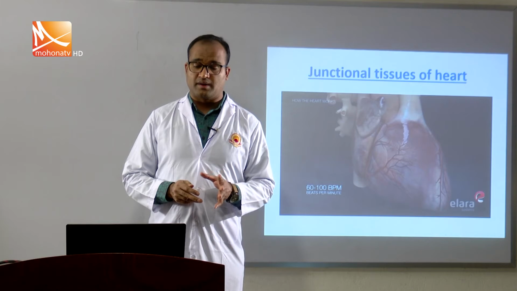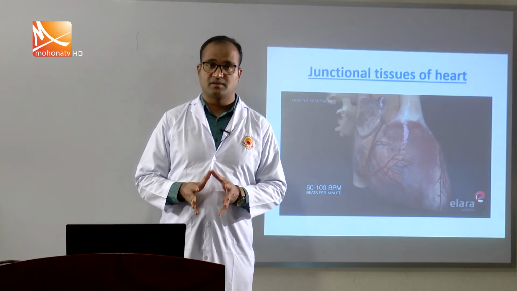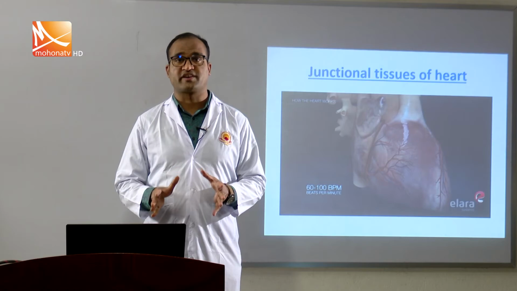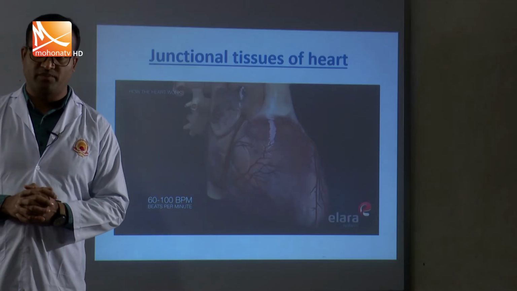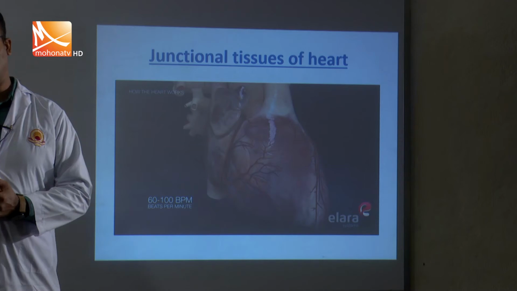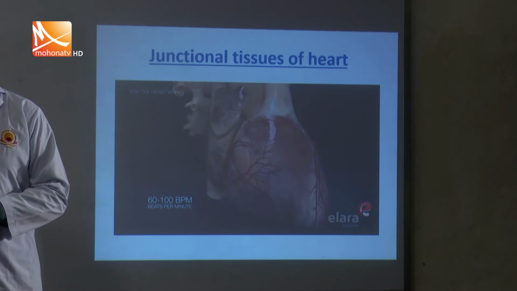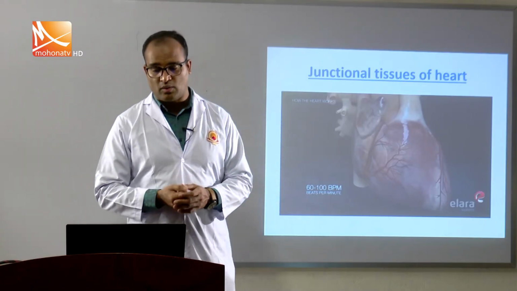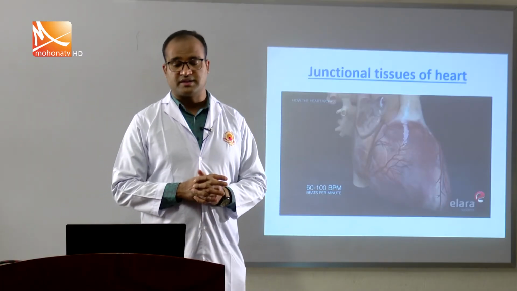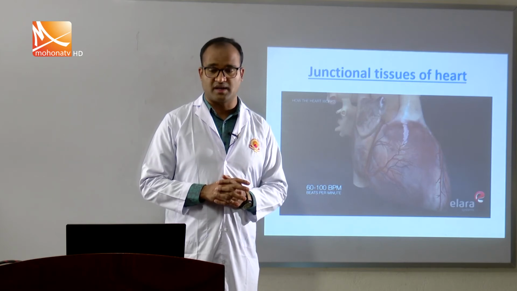But what pumps the blood, and how does the heart contract and relax? It is an electrical signal mechanism, involving the sinoatrial node and the atrioventricular node. Now we can see the junctional tissues that help the heart contract and relax.